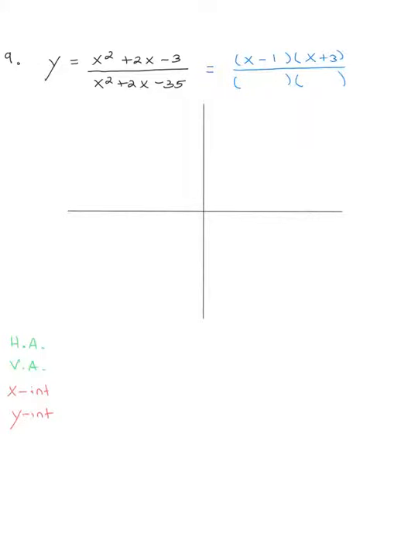And the denominator is going to be x plus 7, x minus 5. The reason I'm factoring it is because wherever the numerator is 0 is going to be an x-intercept, wherever the denominator is 0 is going to be a vertical asymptote. If I start with the vertical asymptotes, I know one has to be at -7, and another is at +5. So let's sketch those in.